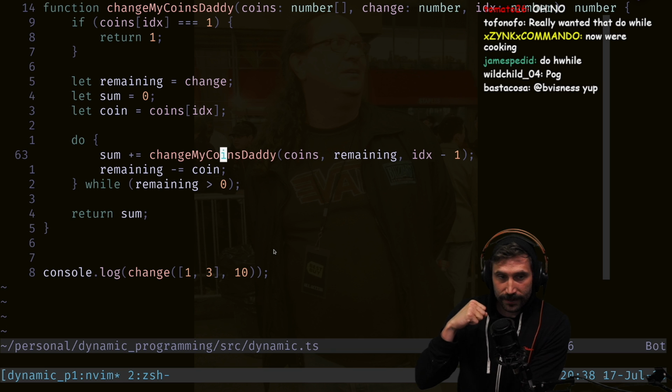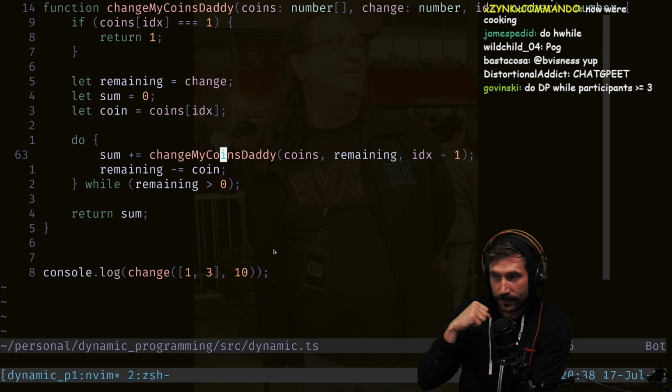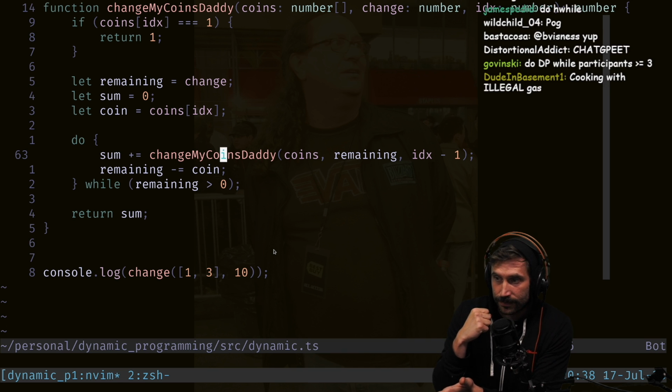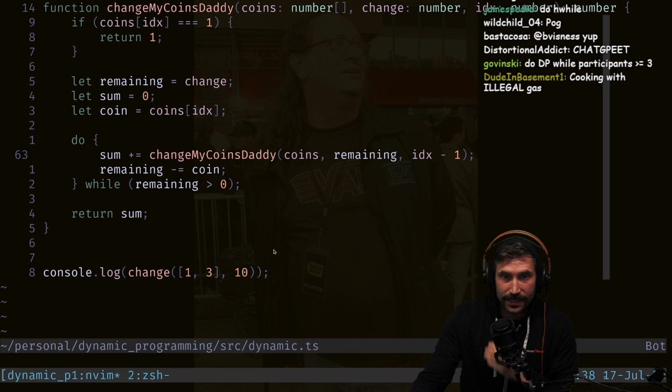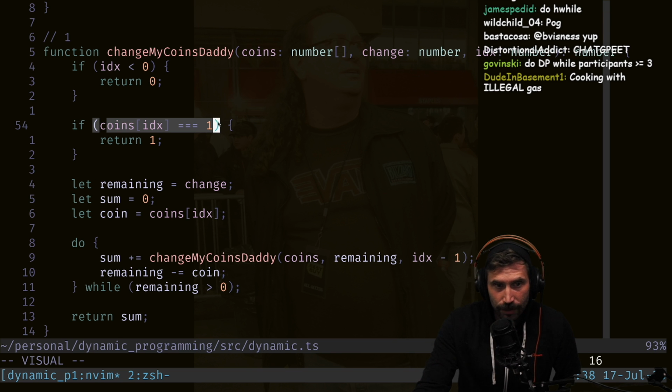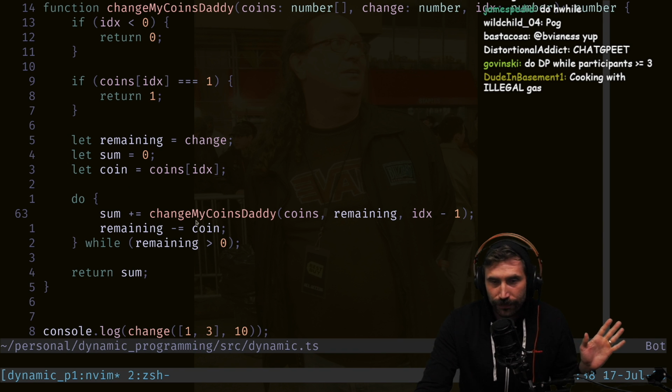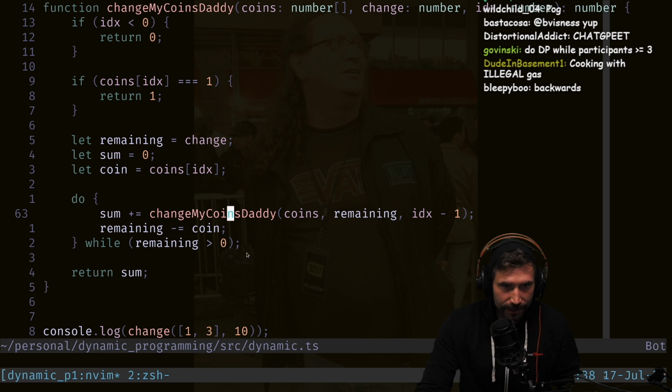If we're at, say, the 1 and the 3, and we're solving for 5, the first thing we can do is make change of 5 ones. I feel like that makes sense. And if I pull this thing in, and this thing equals 1, we should have it. Perfect, we're looking good.